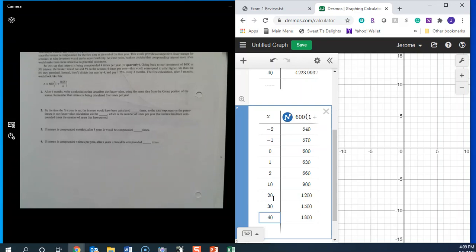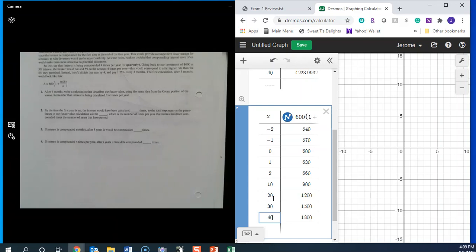Instead, they divide that rate up by 4 and pay 1.25% every 3 months. The first calculation after 3 months would look like this. So, after 6 months, write a calculation that describes the future value using the same idea from the group portion of the lesson. Remember that interest is being calculated 4 times a year.